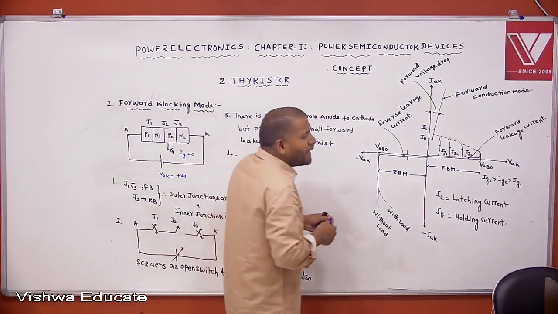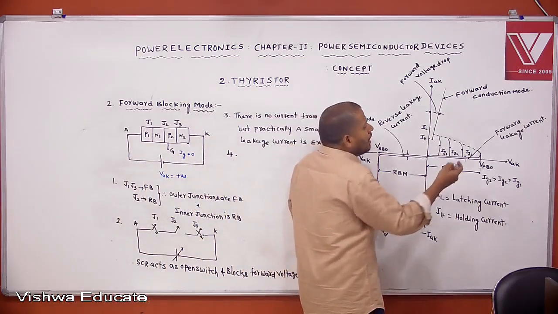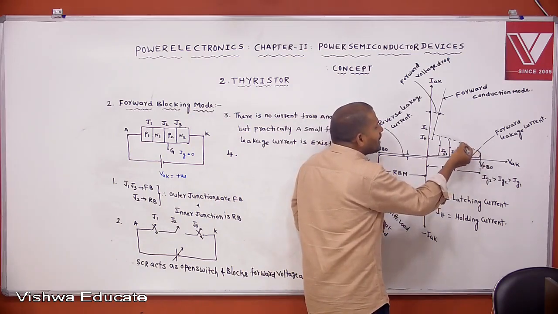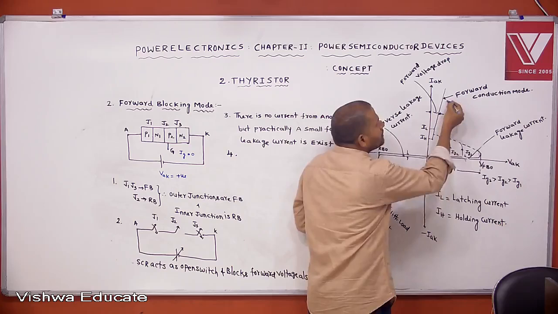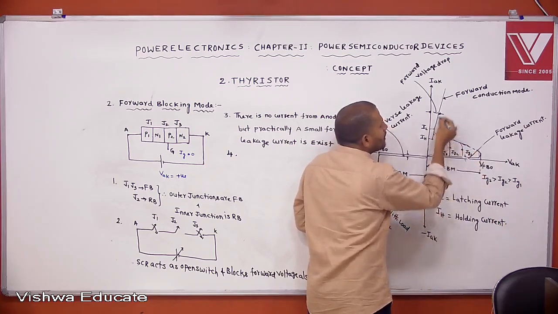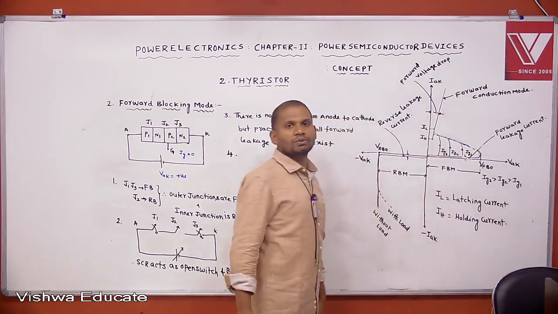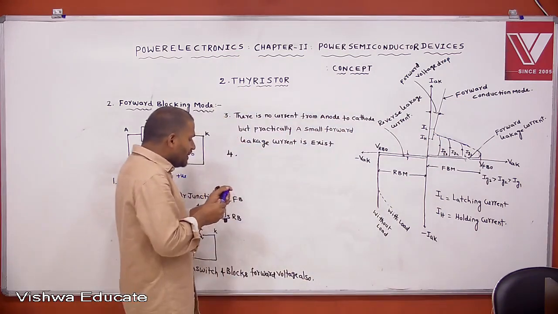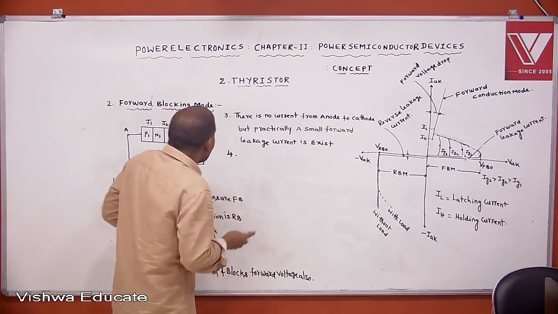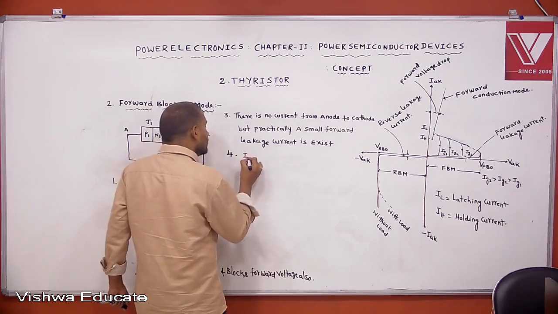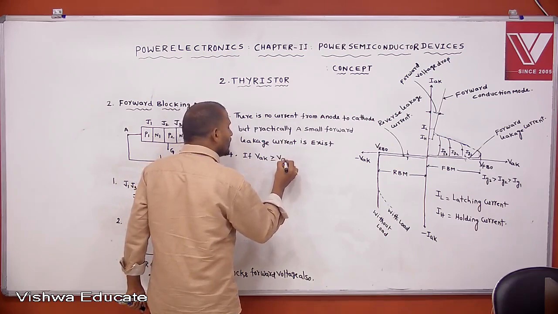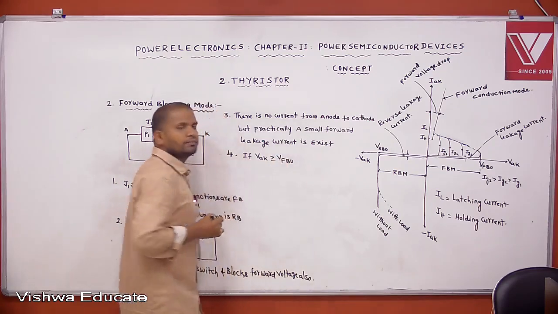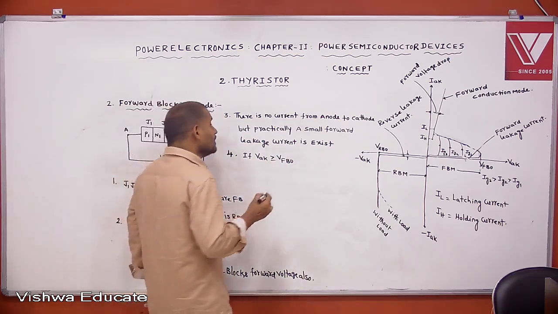When J2 is in avalanche breakdown, the thyristor starts the conduction and comes into forward conduction mode through this path. That is, if VAK is greater than or equal to VFB0, what happens?